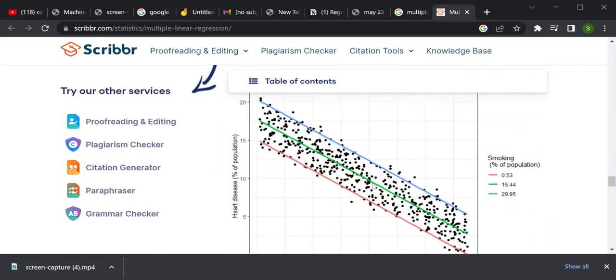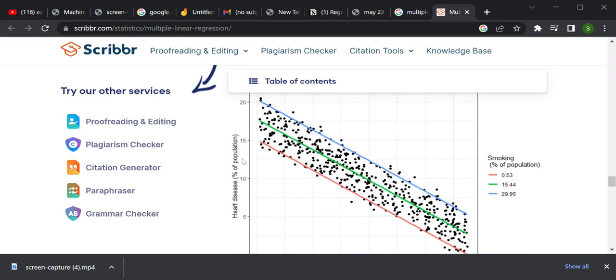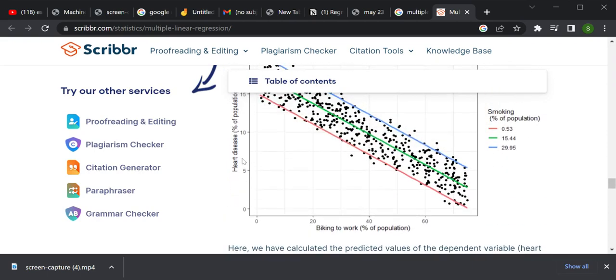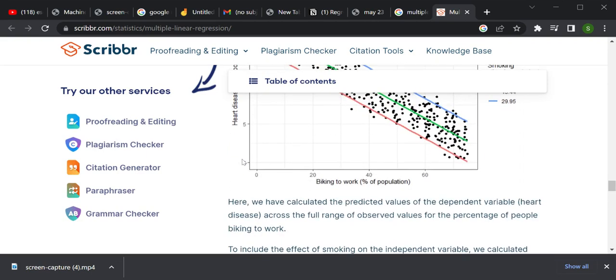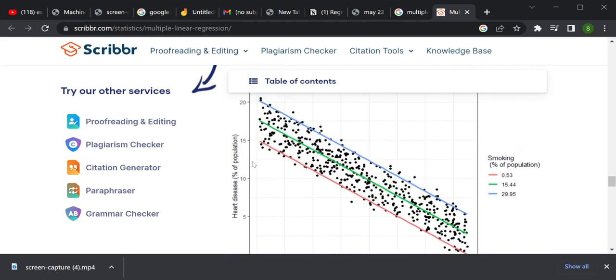See, now the example here is based on heart disease. If heart disease is taken as the output variable, that is the dependent variable, it is dependent on two variables. The first one is biking to work, and the second is smoking.